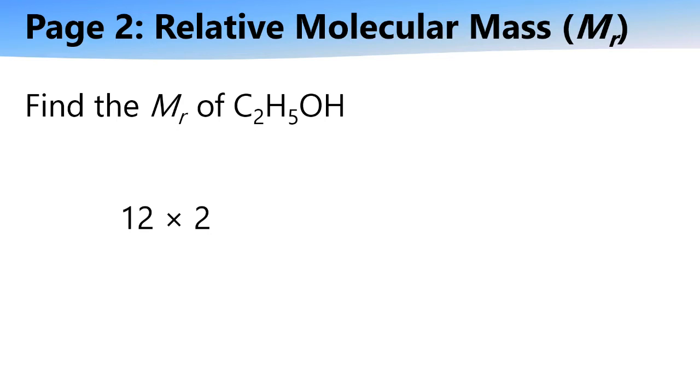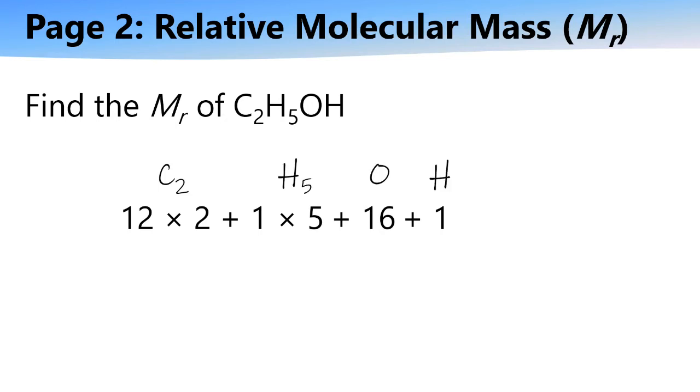We have 2 carbons, so it's 12 times 2, followed by 5 hydrogens, 1 times 5, plus 1 oxygen and 1 hydrogen. If you still cannot see, you can write notes there. If you use your calculator, you'll get the answer to be 46. I remind you again, there are no units.